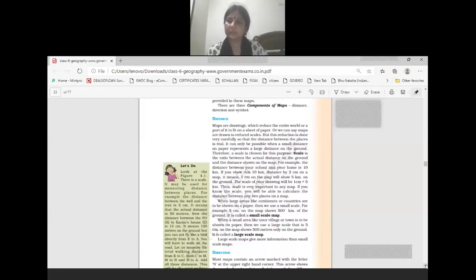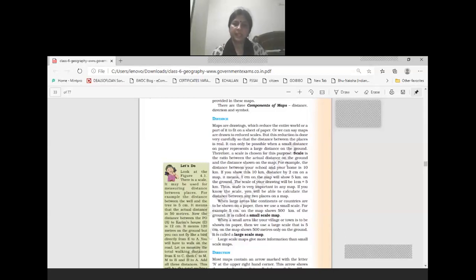For example, the whole world can be shown on a small piece of paper by maps. So, in order to make this possible, we use a scale, because the actual distance is minimized, and it is minimized according to a scale. We can't do it arbitrarily.